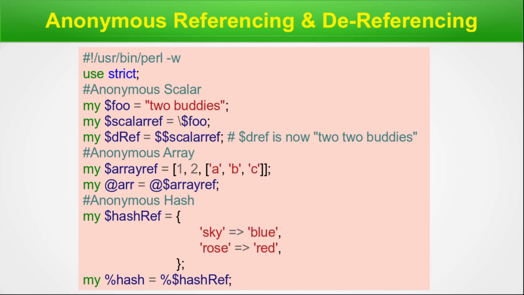Anonymous array or hash could be said separately, but for scalar we have to say it's a reference. So any kind of reference we want to dereference, we have to use the percentage sign, the at sign, or the dollar sign respective to each type of reference. Done with this particular slide, let's move on.